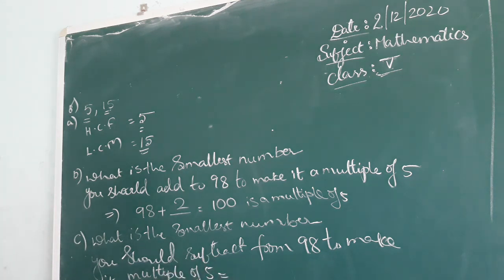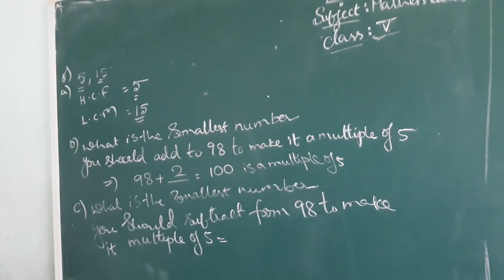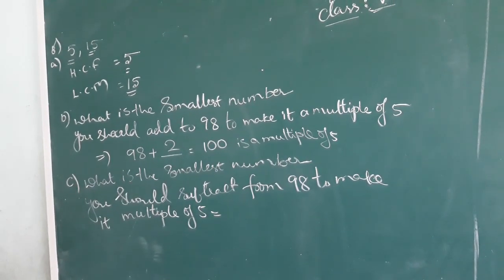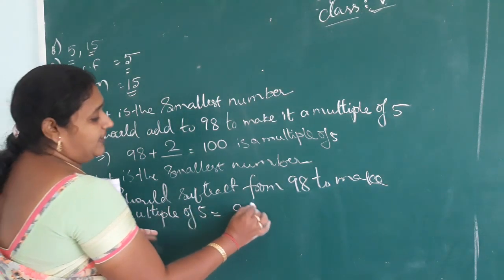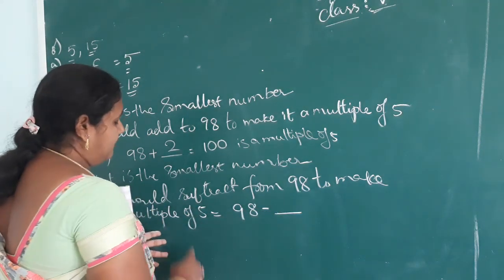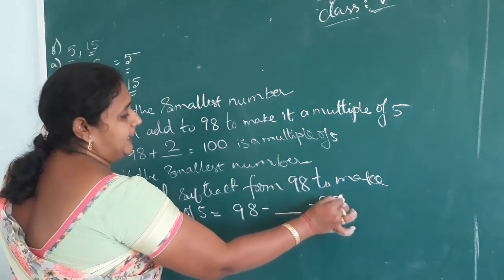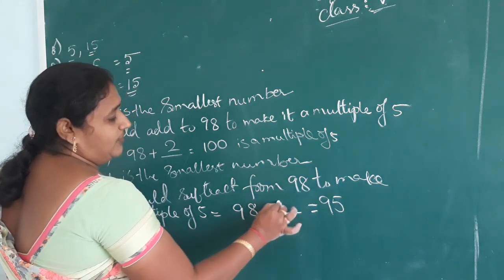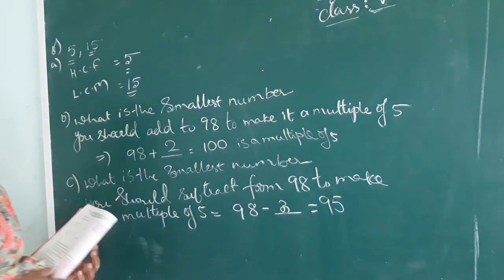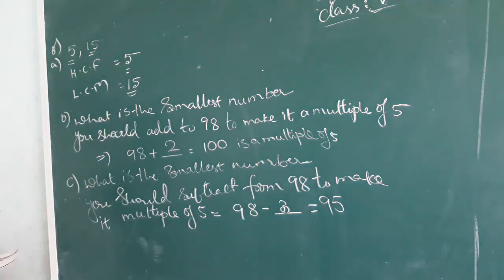Children, what number should be subtracted from 98 to make it a multiple of 5? The multiple of 5 nearer to 98 is 95. So to get 95, what should be subtracted? 3 should be subtracted. 98 minus 3.